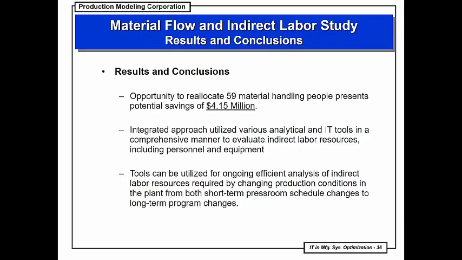As I said, the results were that we reallocated close to 59 material handling vehicles, and we eliminated a few of them, giving savings of 4.15 million. We also had some IT work done so that over a period of time they could track their PIVs in the facility, exactly where they were moving, how they were moving, and where they were supposed to go.